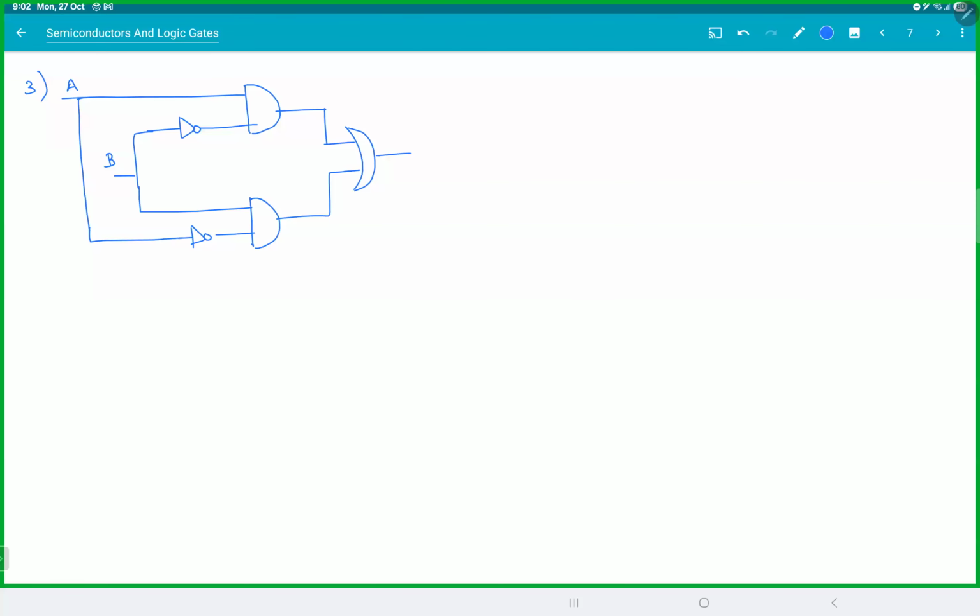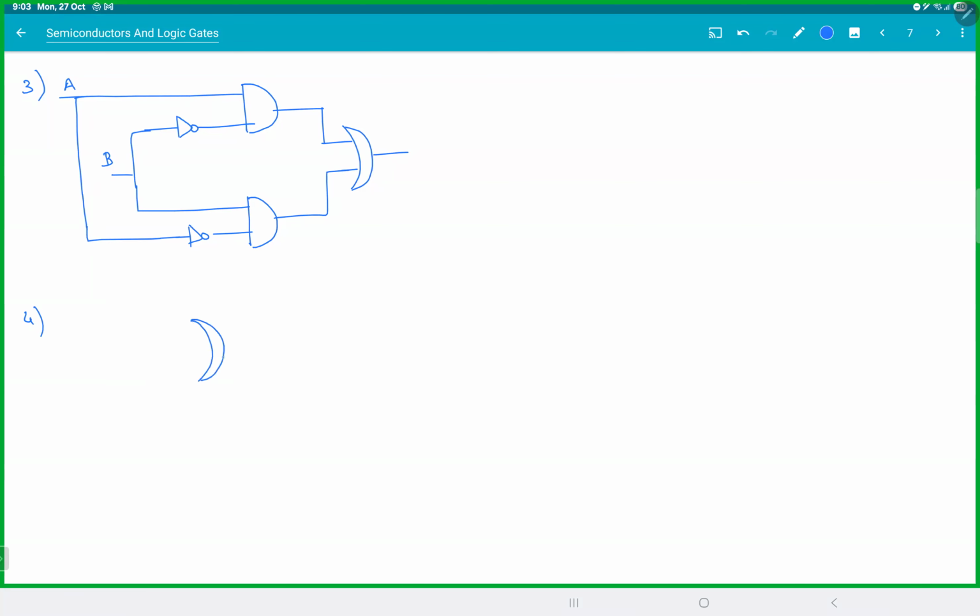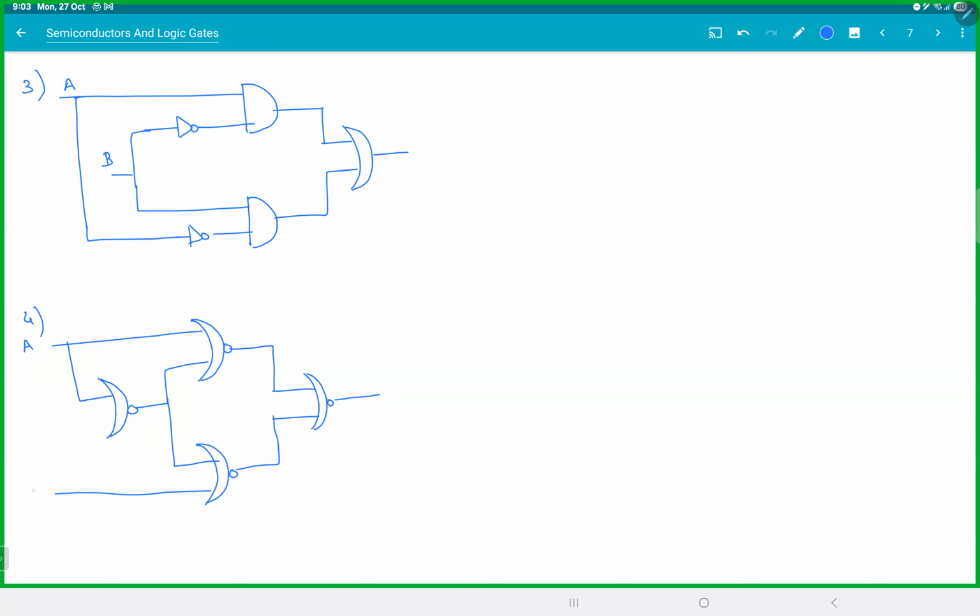What is the output of this? These are four NOR gates.